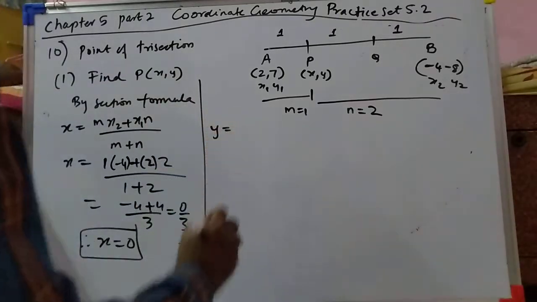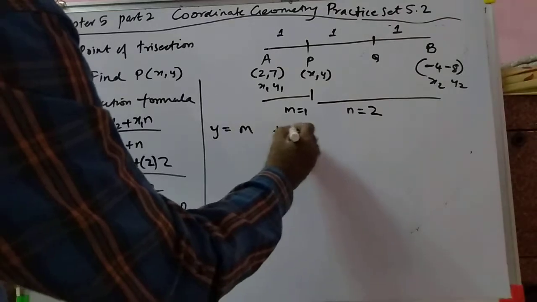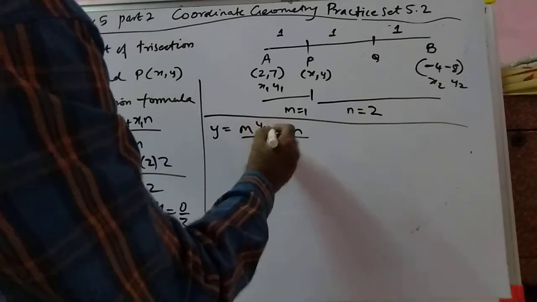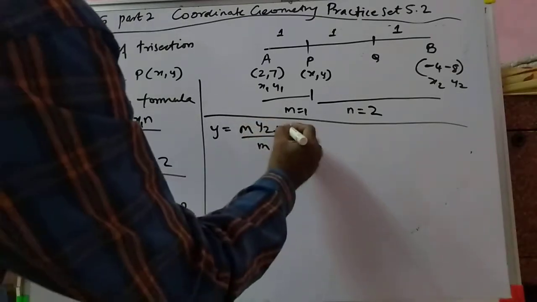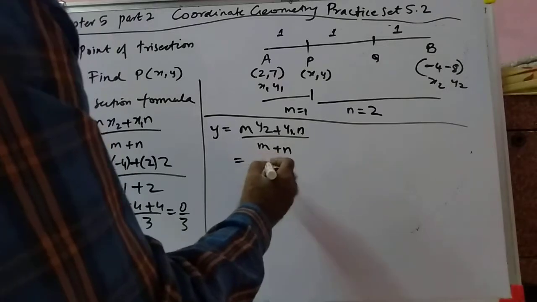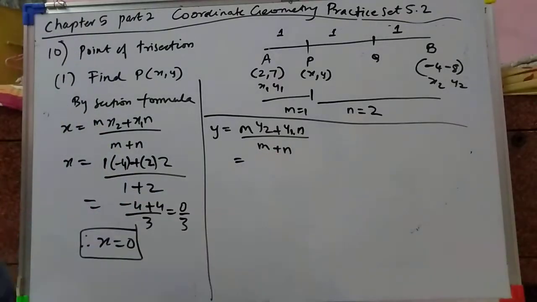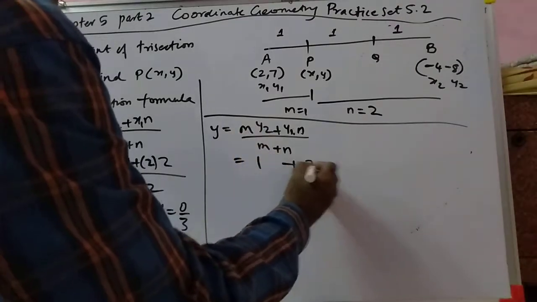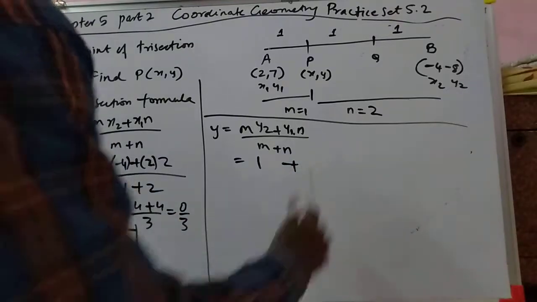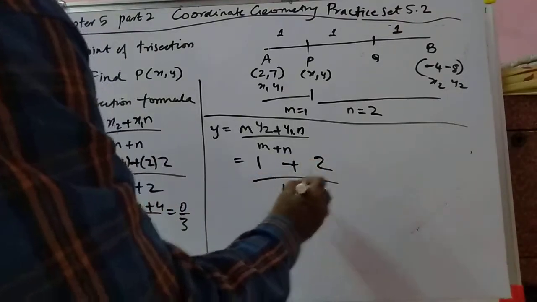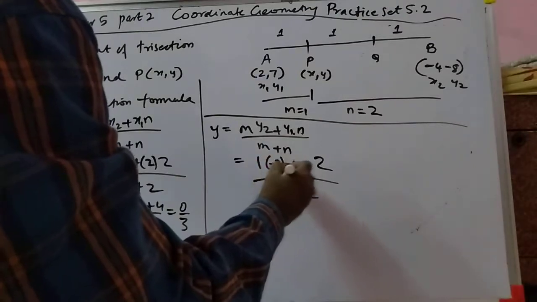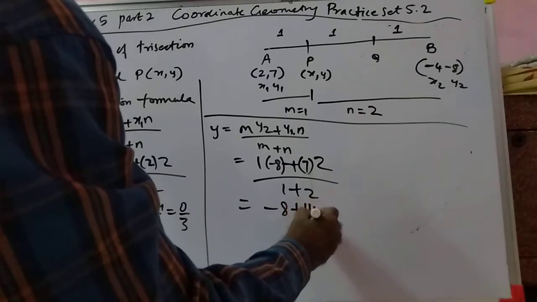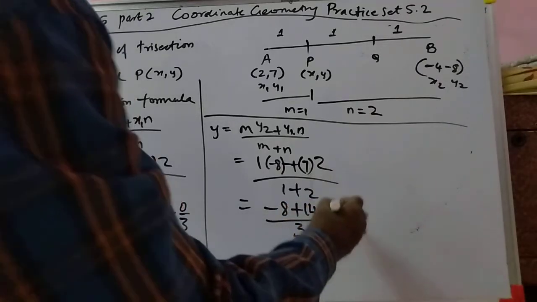Now let us calculate for Y. Y is equal to M Y2 plus N Y1 upon M plus N. So that will become M is 1, N is 2, Y2 is minus 8, Y1 is 7, so minus 8 plus 14 upon 3.